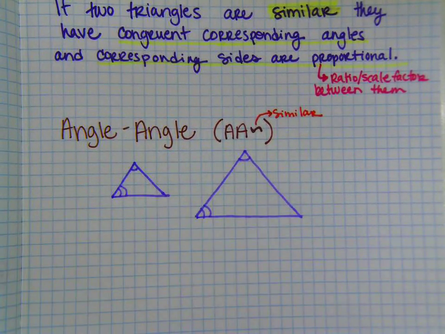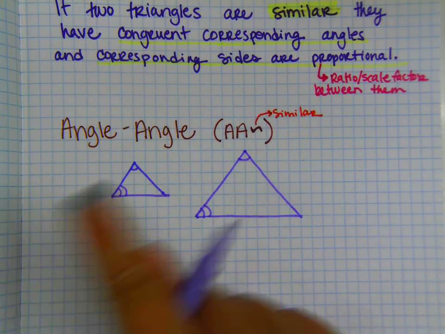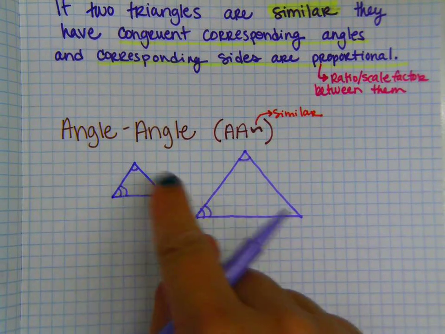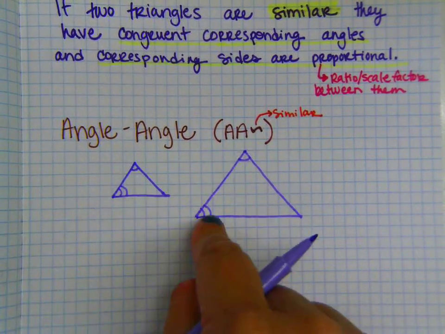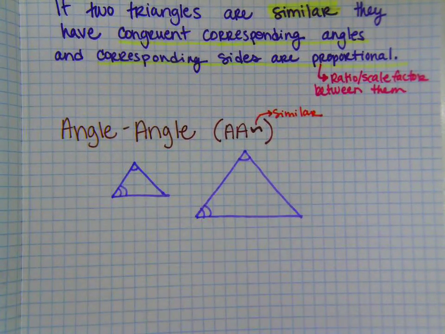Let's say we have that, for example. Those are corresponding to each other, this one and that one, that one and that one. They are congruent, which means we do have similar triangles.